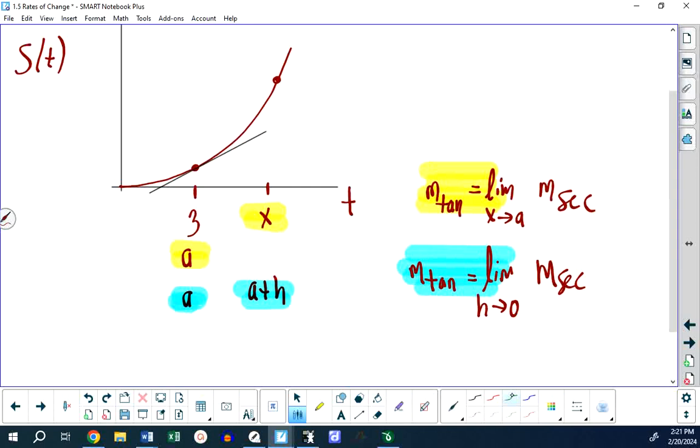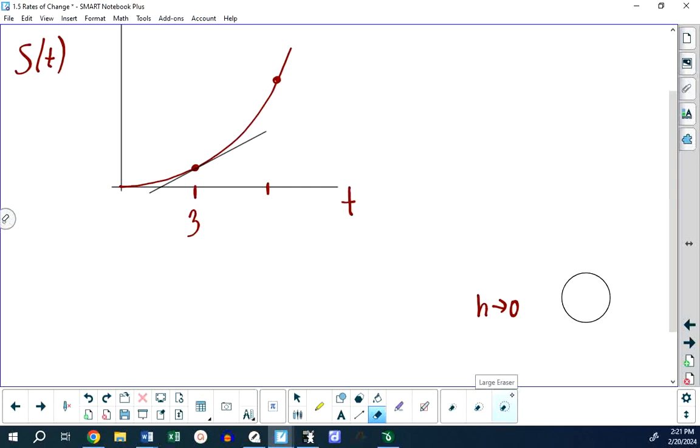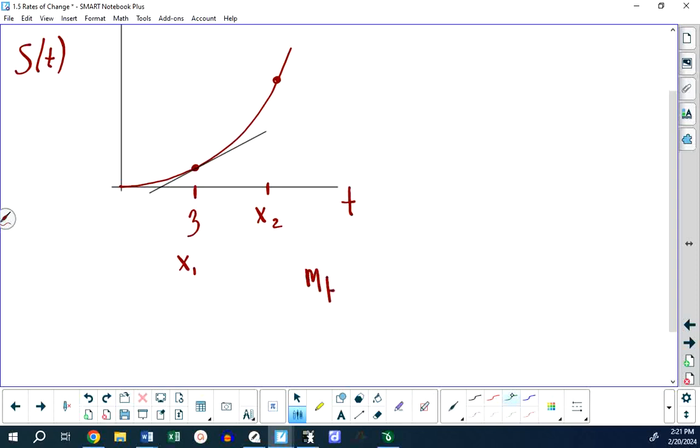But for some reason, and I can't find the origin of this reason, but whenever we deal with instantaneous rates of change, we like to call this x1 and this x2. All that's going to happen here is our slope of the tangent, which is the answer to this question, and now you can start writing, will be a limit as x2 approaches x1.